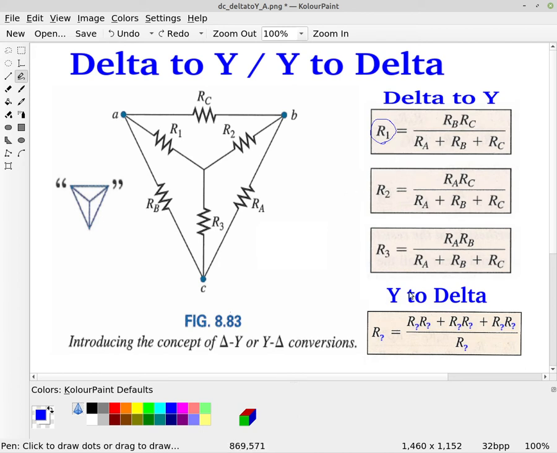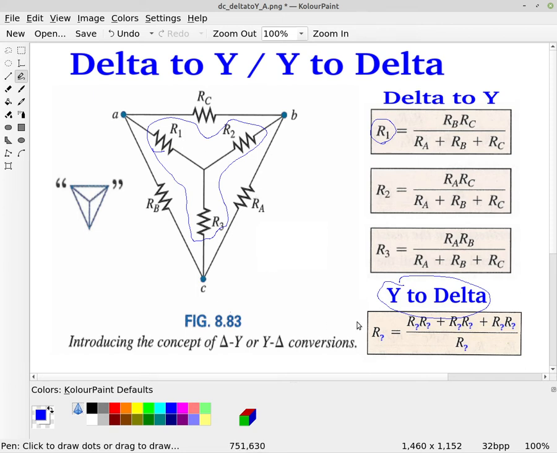Now on the Y to delta, if we wanted to go the opposite direction, we're looking at the Y connections here, and we're basically just going to take every single one of these.